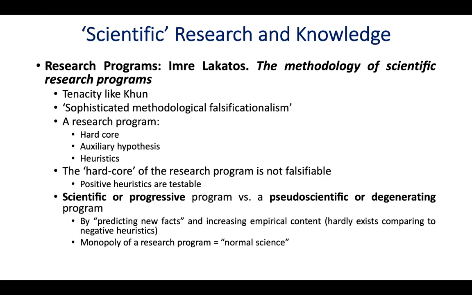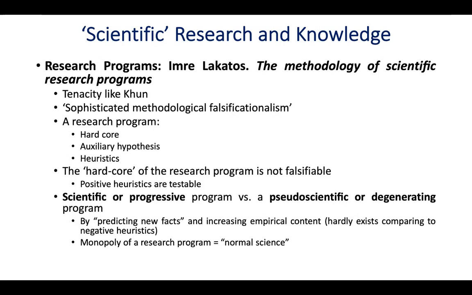And then what he called a protective belt of auxiliary hypotheses. This protects the theory against any falsifying element of the core. By altering these auxiliary hypotheses, they protect the theory from falsification or from being falsifiable.